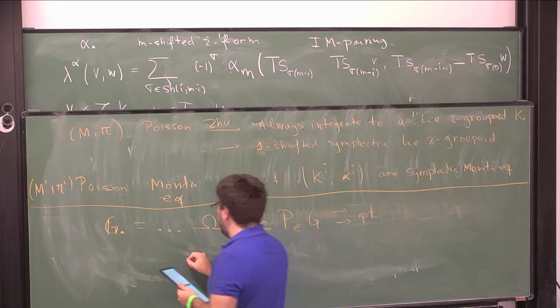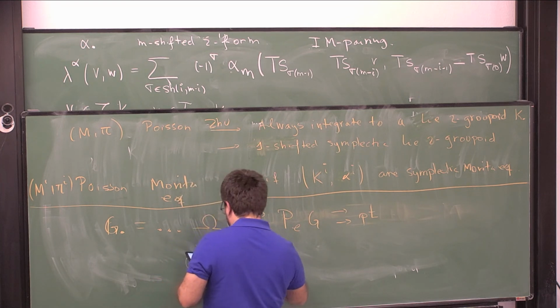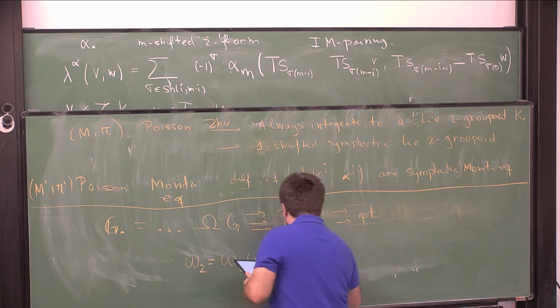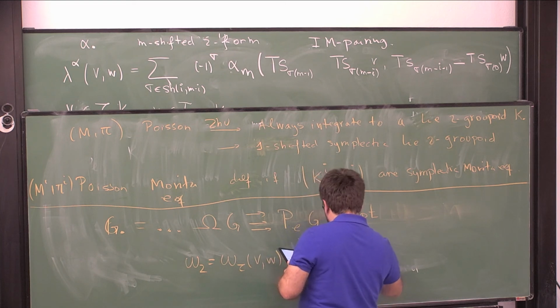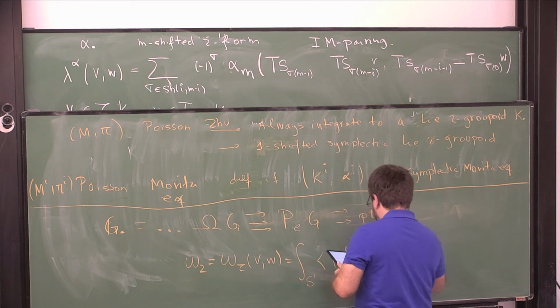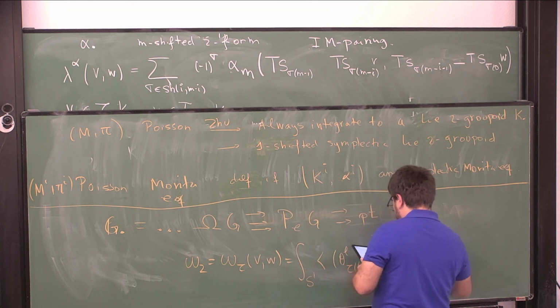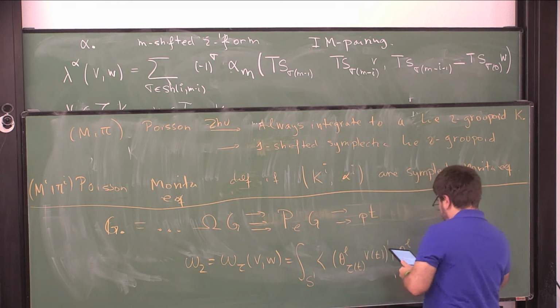And the 2-form on the loop group is the integral over S1 of the pairing of the tau t with its derivative.